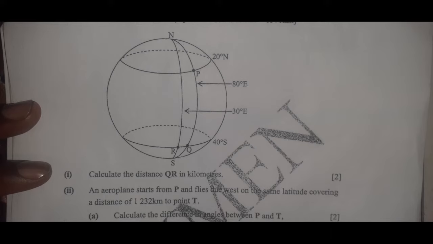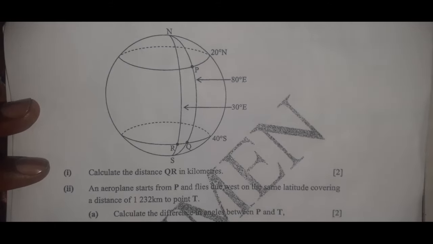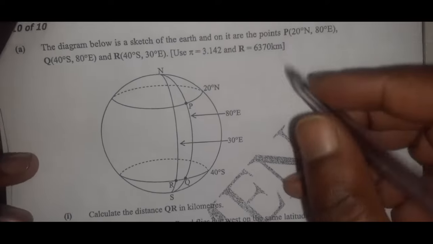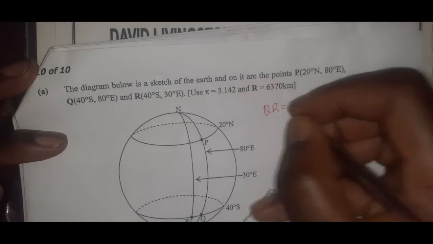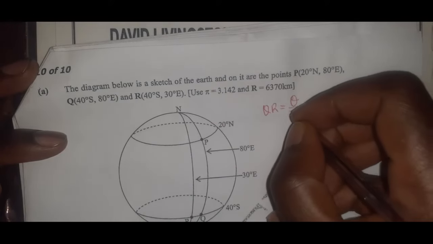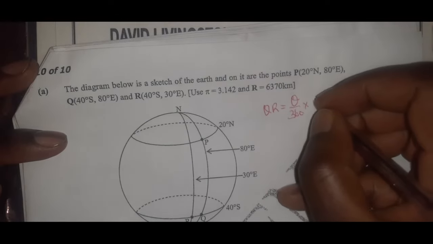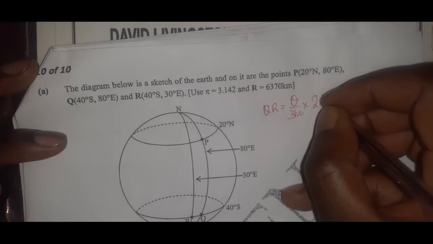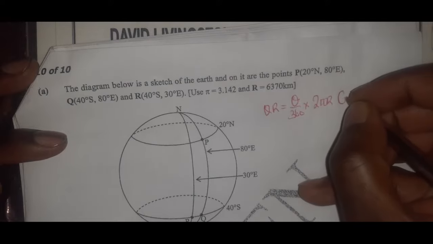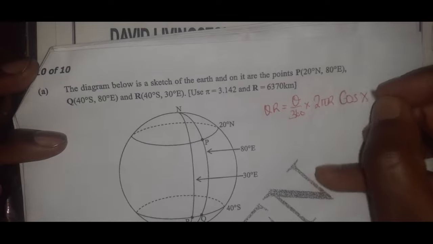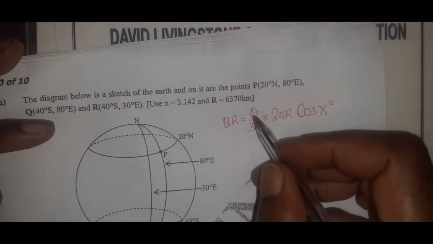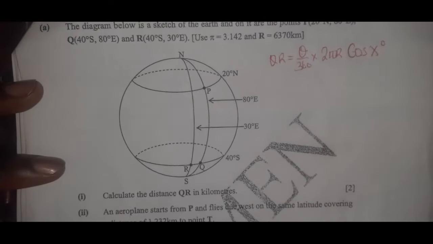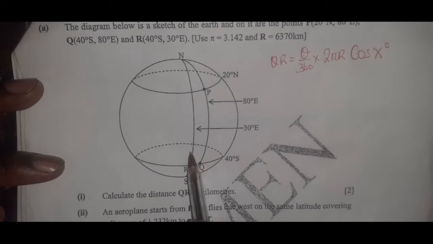So the distance QR in kilometers is going to be QR equals theta over 360 multiplied by 2 pi r cos x degrees. What is our theta? Our theta is the difference in longitude.